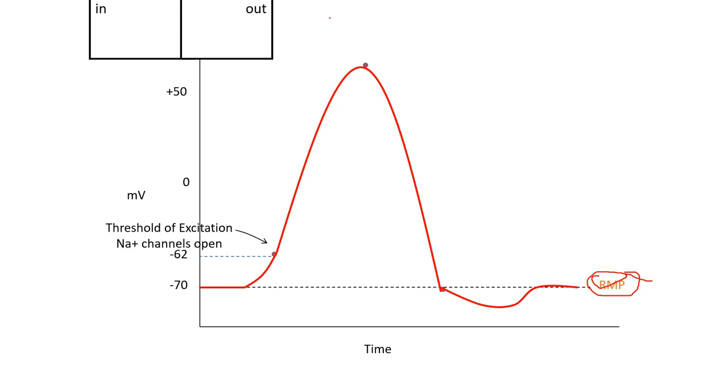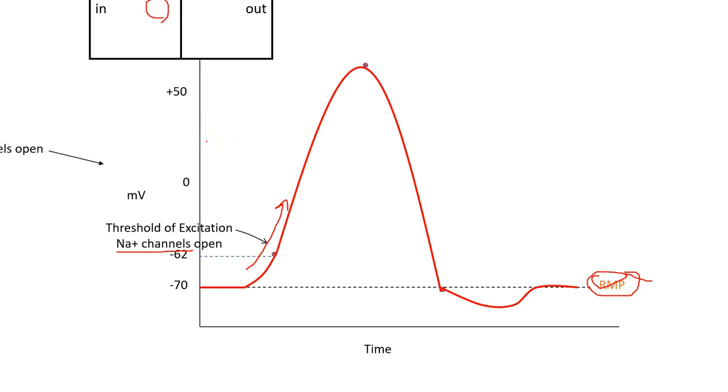So when the threshold of excitation is reached, voltage-gated sodium channels open. Because the forces acting on sodium are so great, given any opportunity to enter the cell, gobs of sodium rush into the cell. Sodium, remember, is a positive ion. So when it enters the cell, it makes the inside of the cell more positive, which is represented by this change in the graph. So now the inside of the cell becomes positive.